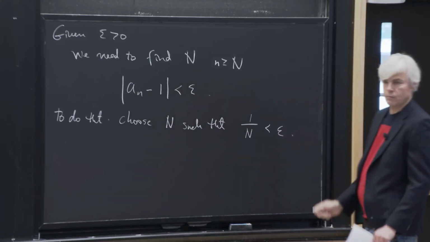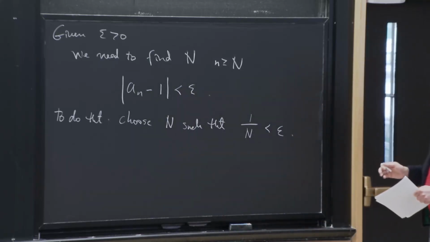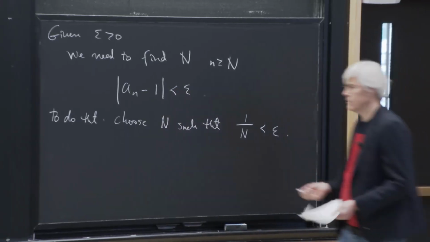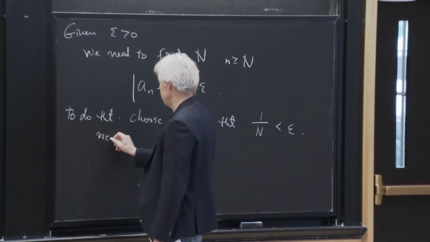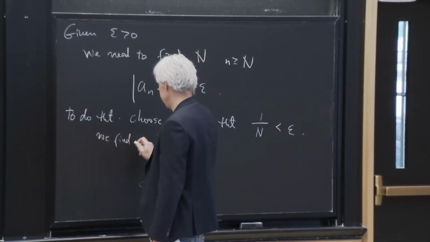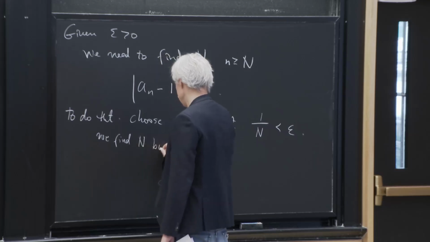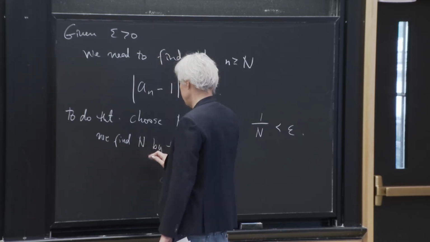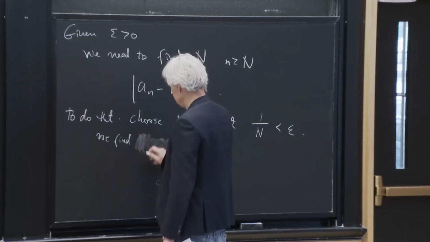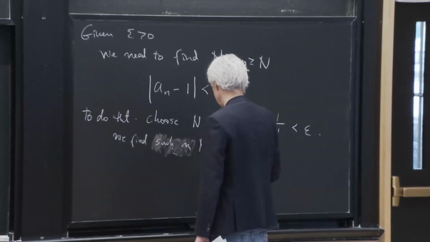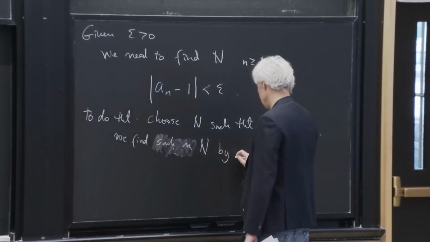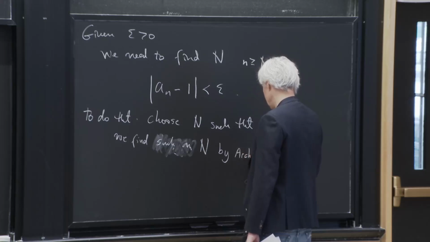We can do this by the Archimedean property, so we can find such an N by the Archimedean property that we discussed last time.